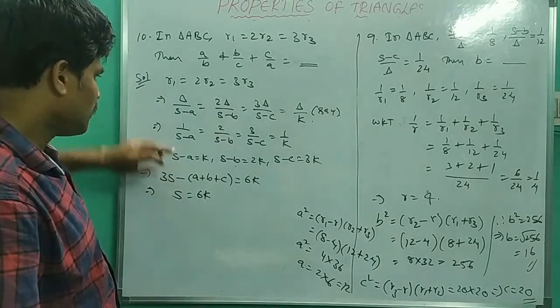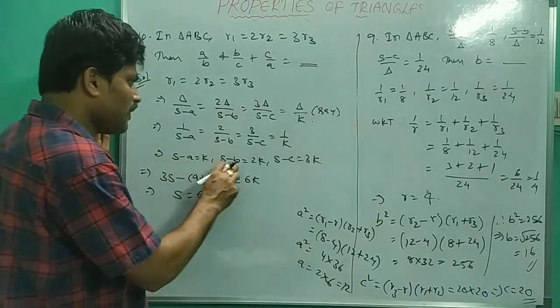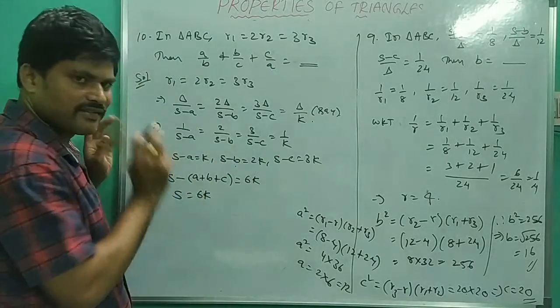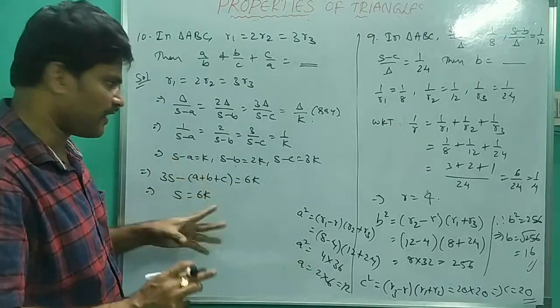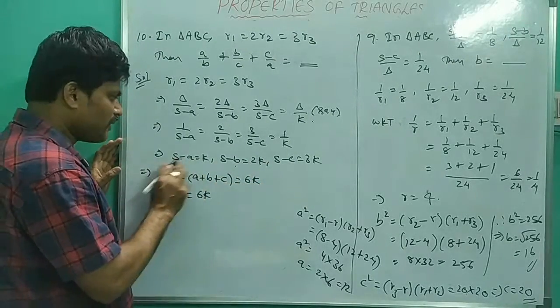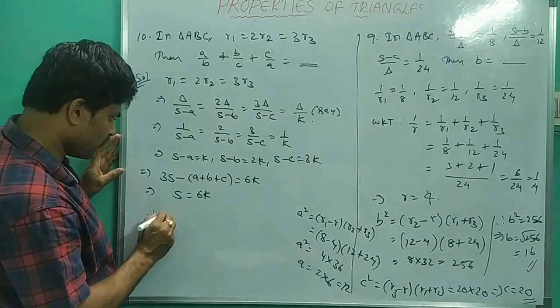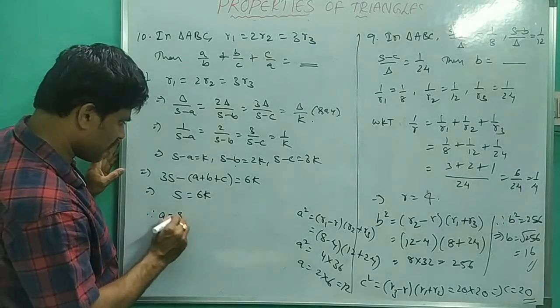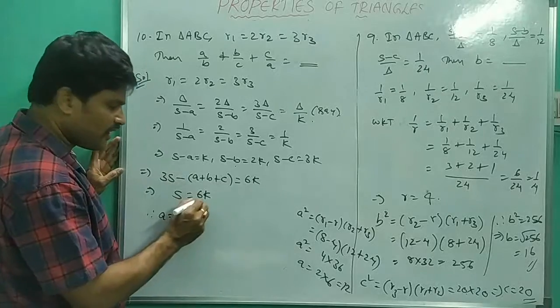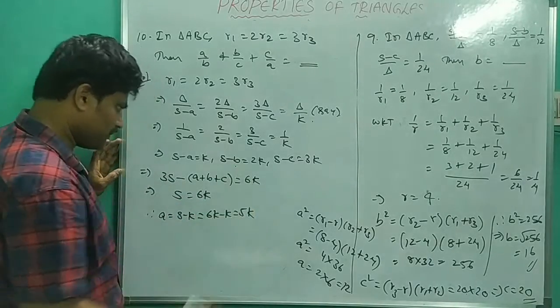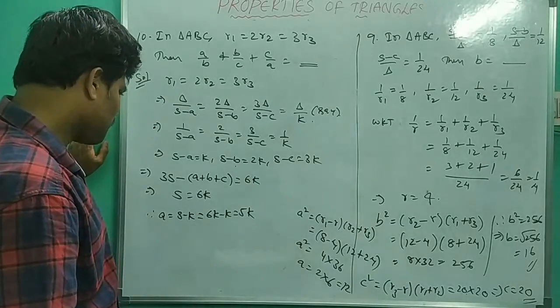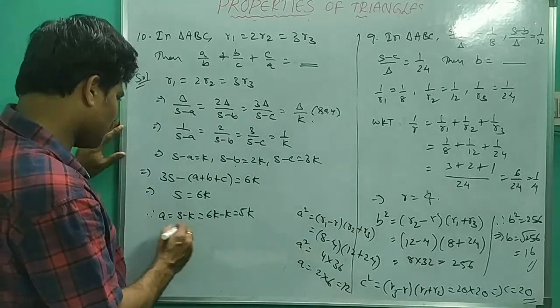Now here we find the values of a, b, c in terms of k. Already known s minus a equal to k, so a equal to s minus k. Already found s value is 6k, so 6k minus k equals 5k.